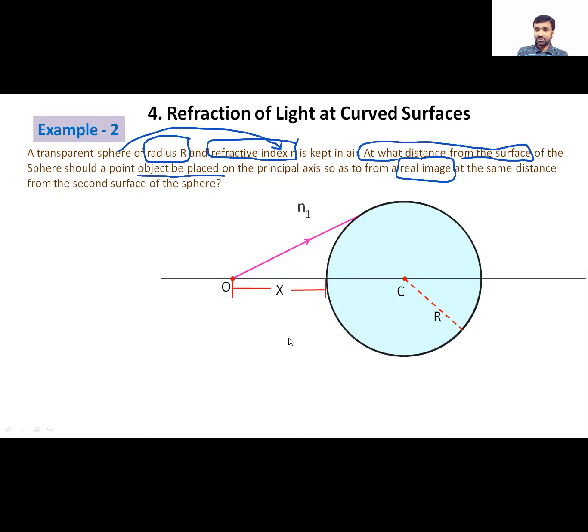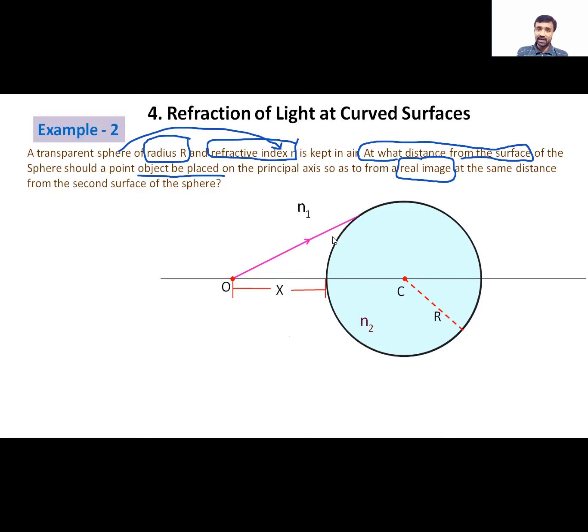So the refractive index of the first medium is that of air. Then it enters the refractive index N2, the sphere refractive index. So the second medium is the sphere, and that's why N2 is taken as the sphere refractive index.